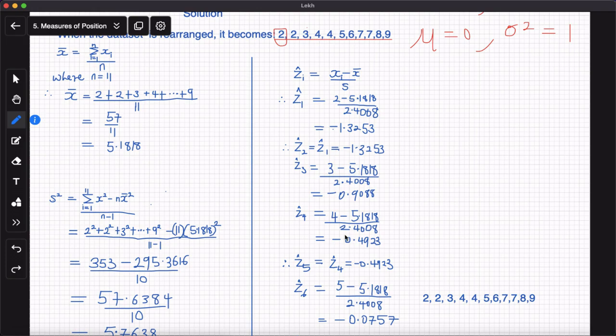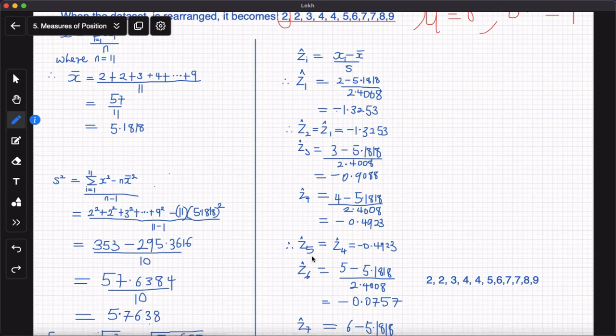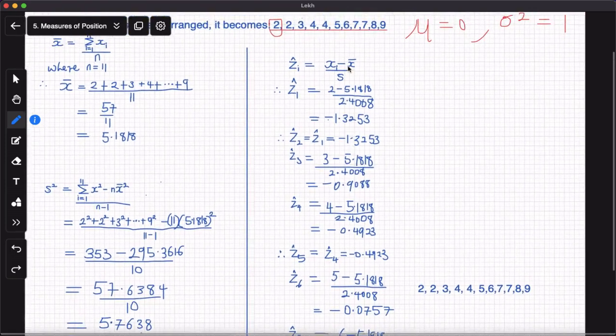All right, so in continuation, the next number is 4, so Z4 and Z5 have the same Z score because we have 4 as the observation there. And Z6, the sixth observation happens to be 5, so we will be saying 5 minus the mean divided by the standard deviation.